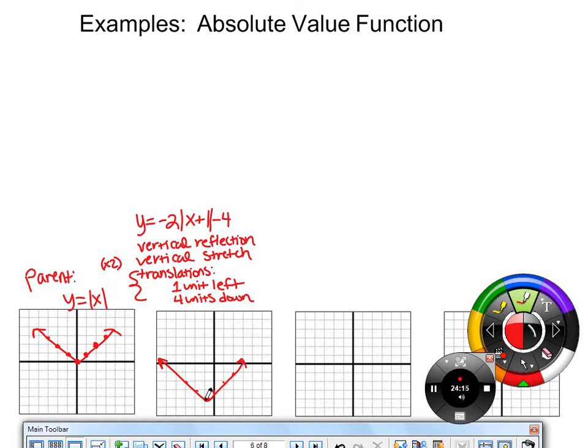So you either have to do your reflection first, or since I've already moved it, instead of really reflecting over the x-axis, you can use your vertex point as your reference for everything. I can just flip it over the vertex point, right? Keep the vertex point in the right spot according to H and K, and then do everything around the vertex, okay? So if I do the reflection, I keep my vertex at -1, -4, but now it looks like this.